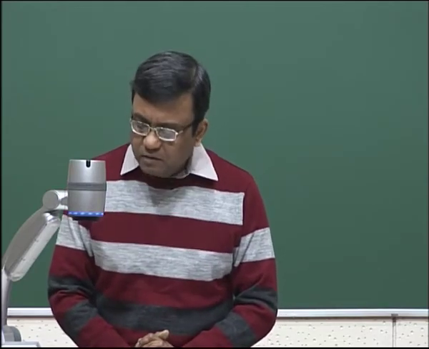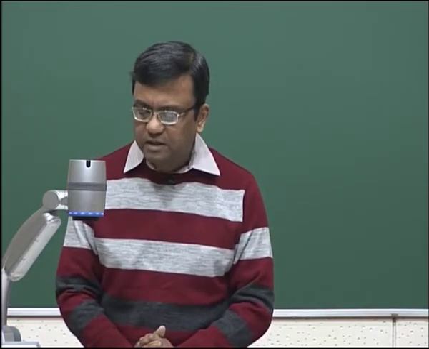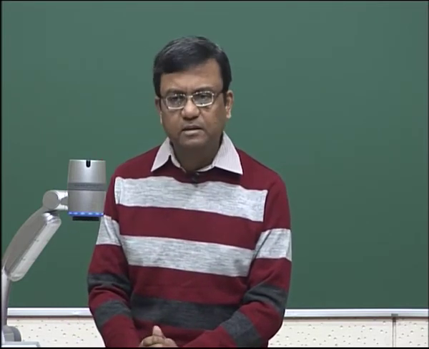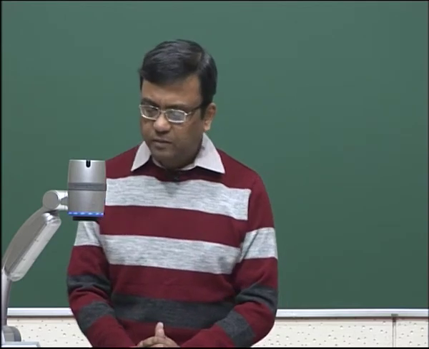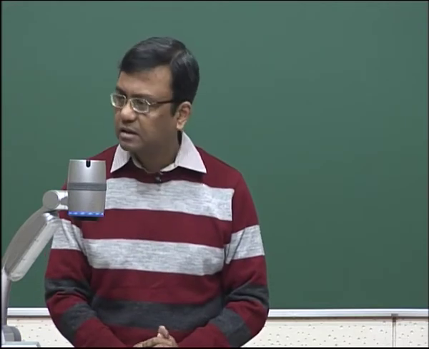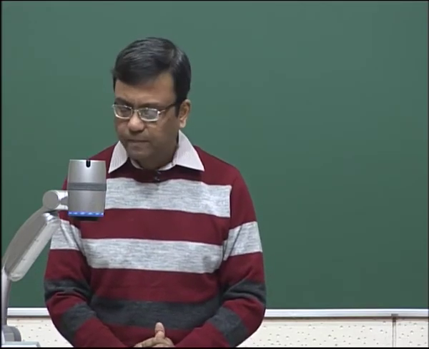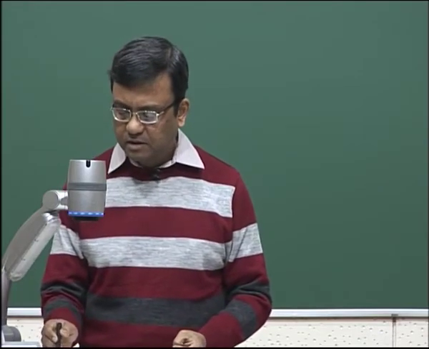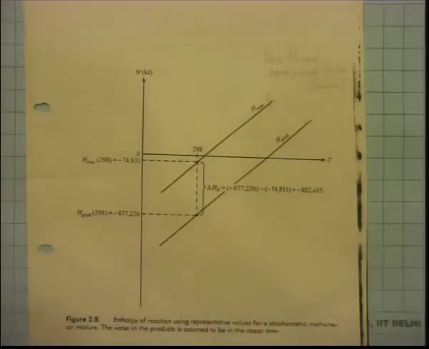So, if you use 16.043 to divide the 802.405 which you just saw, then you should be getting about 50, that is 50,000, because this is 800,000 divided by 16. So, this is like 50 megajoule per kg.